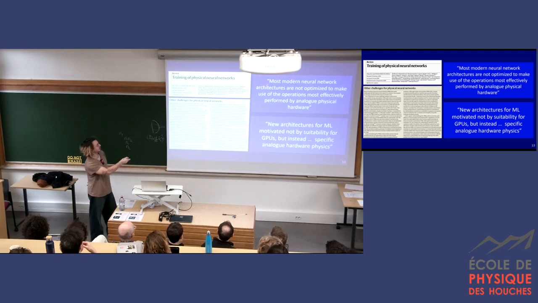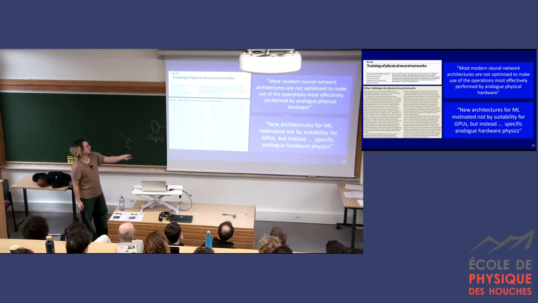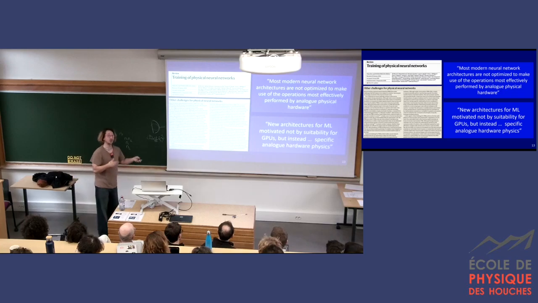You have this comment here: most modern neural network architectures are not optimized to make use of the operations most effectively performed by analog physical hardware. Think that's fair? Some nods, some murmuring? And new architectures for ML motivated not by suitability for GPUs, but instead by specific analog hardware physics. And then I think I missed a bit that says, we should look into these things.